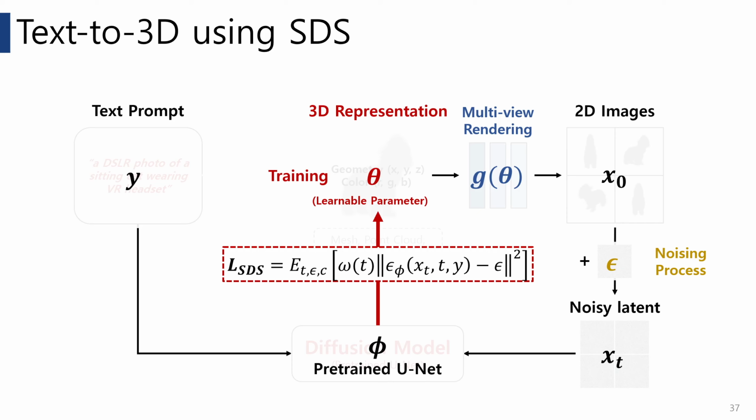By backpropagating the SDS loss as a diffusion prior and updating the 3D representation's parameters zeta, the 3D representation progressively learns the visual information described by the text prompt. Over time, this process generates the geometry and color to match the desired vision.